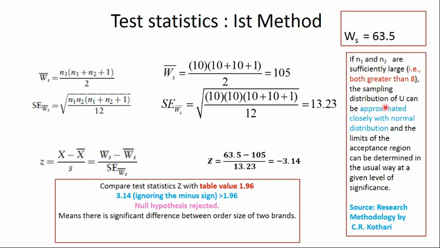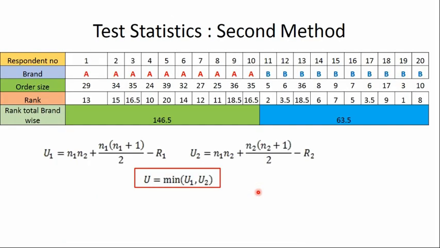The sampling distribution of U can then be approximated closely by the normal distribution. This is the reason why we have compared with the value 1.96, and the limits of the acceptance region can be determined in the usual way at the given level of significance. Friends, this is the reason why we have compared this with 1.96.